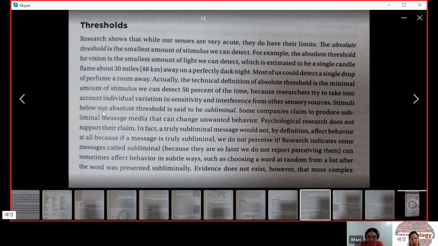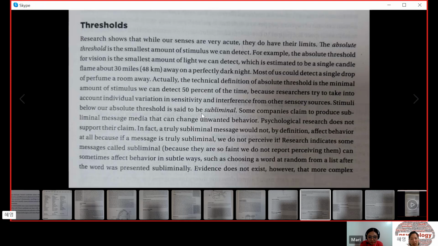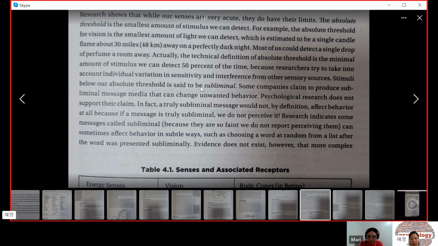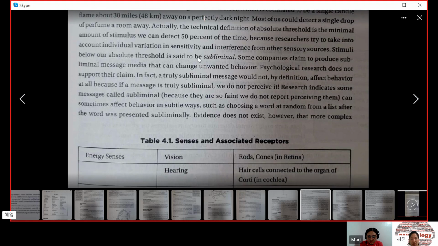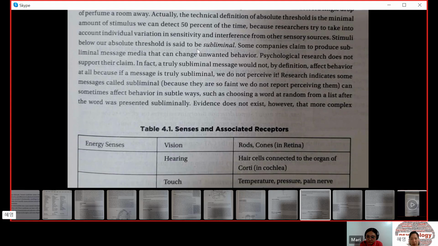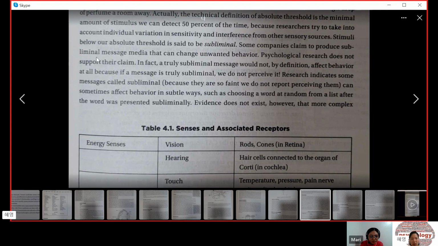Stimuli below our absolute threshold is said to be subliminal. Some companies claim to produce subliminal message media that can change unwanted behavior.